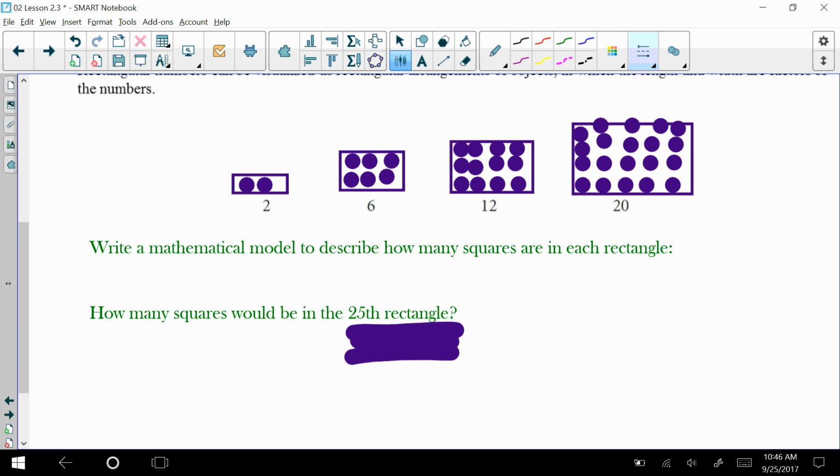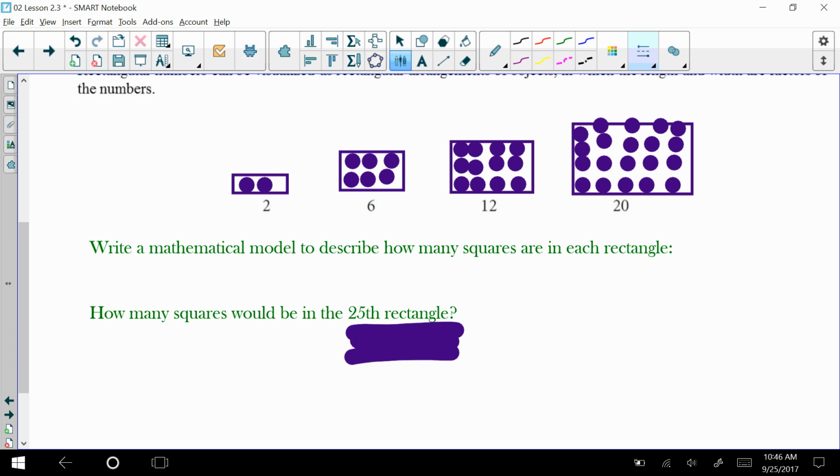So in all 4 of these rectangles, I can see that the width, or I'm using width as height, is the same number of dots as the term. So the first term has one width, the second term has 2 width, third term has 3 width.